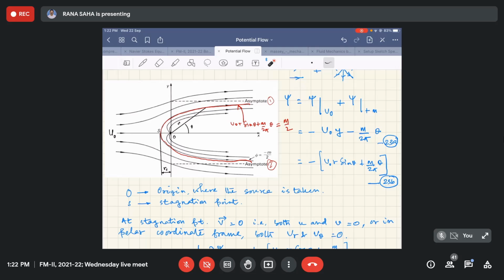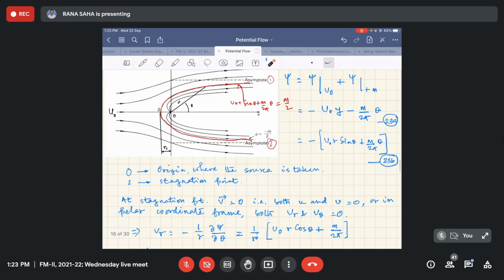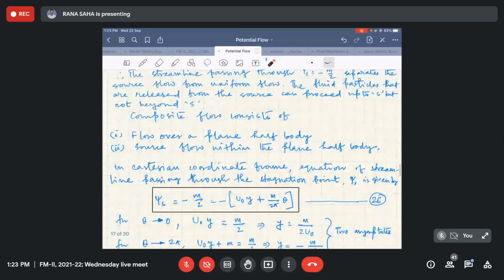In the next step you can see it is replaced by, or expressed in terms of, the polar coordinate form, that is r sine theta. Frequently this swapping takes place. Sometimes the treatment is based on the polar frame, sometimes on the Cartesian frame.